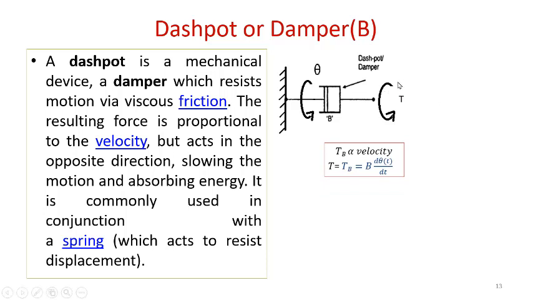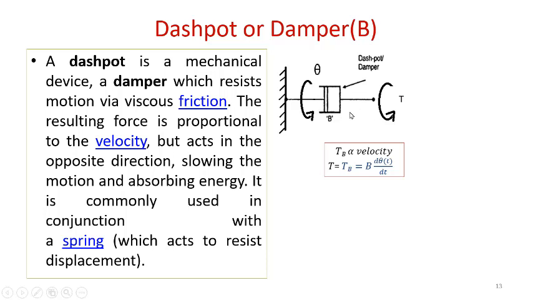For the applied torque T, there will be a reactive torque Tb in the opposite direction, and the reactive torque Tb will be proportional to velocity. Why velocity? It is the fluid which is resisting flow from one part of the chamber to another part.